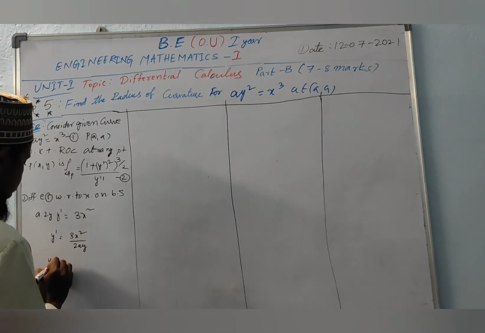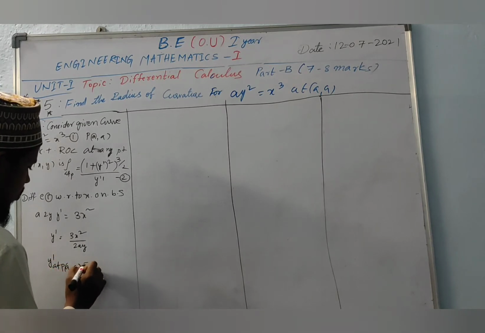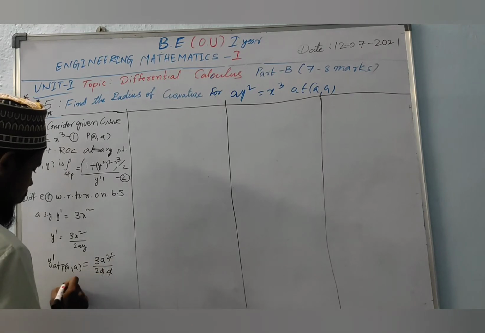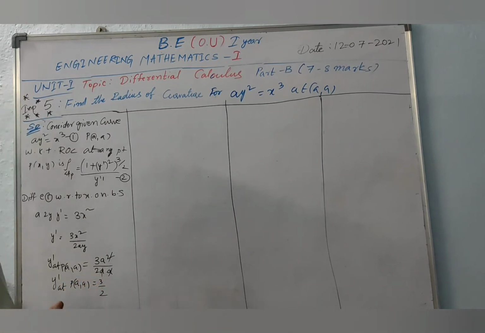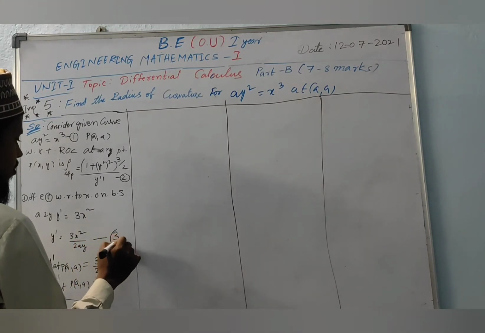Now, y dash at P(a, a) is 3 into a square by 2 a into a, a square cancels, so y dash at P(a, a) is 3 by 2. Take this as equation number 3.